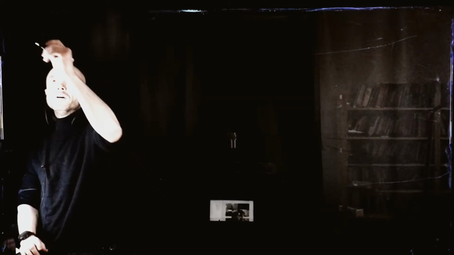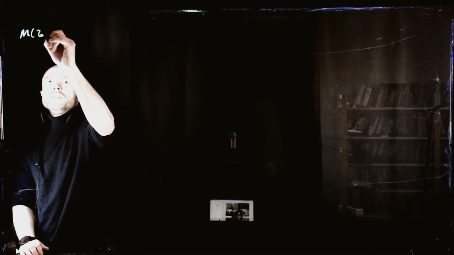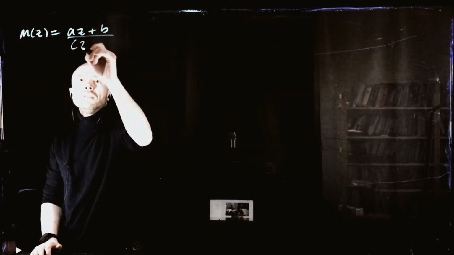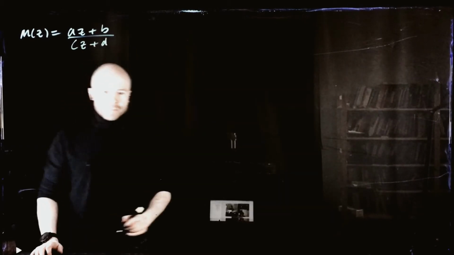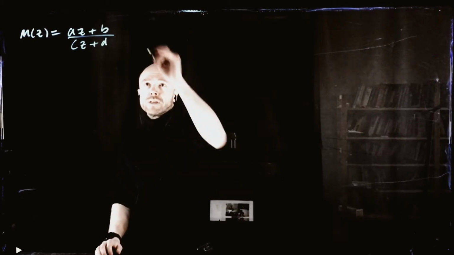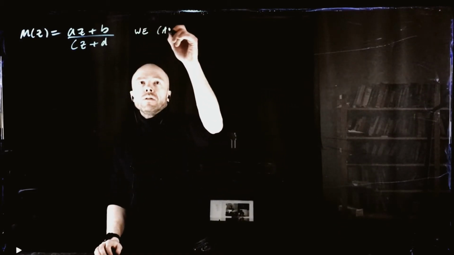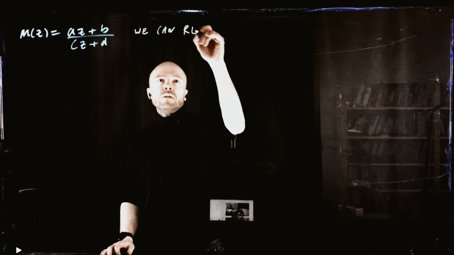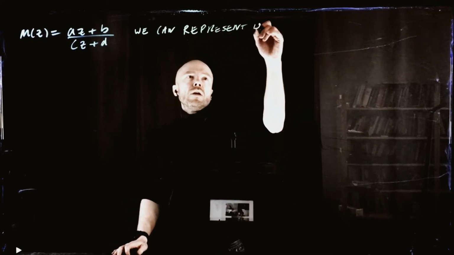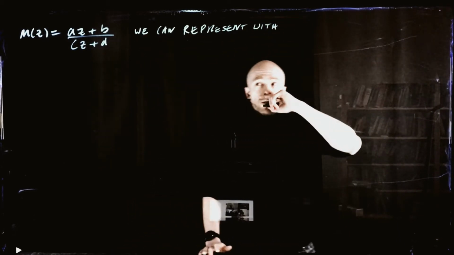Okay, so some more things to tell you about Mobius transforms. So m of z, we're always going to write it like this: az plus b over cz plus d. It turns out that we can represent a Mobius transform with a matrix. I mean, it's obvious we can represent it with 4 complex numbers because it's defined by 4 complex numbers.